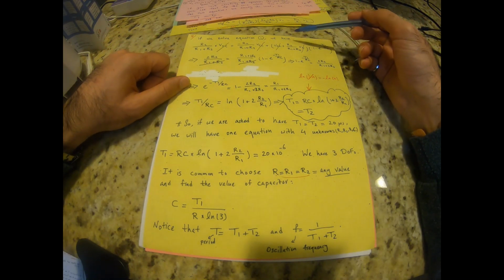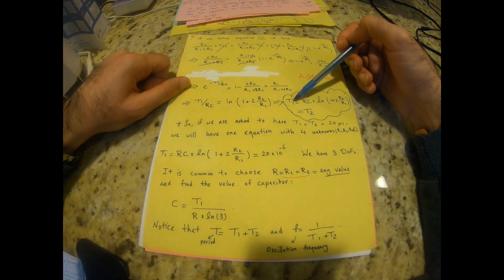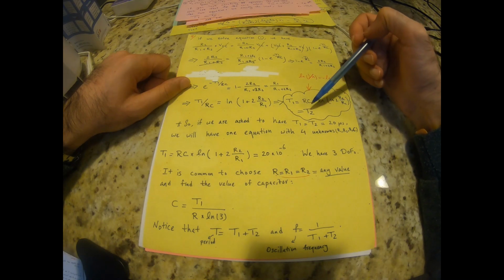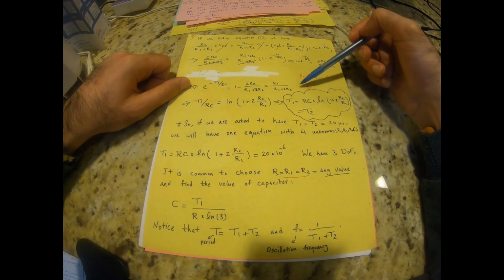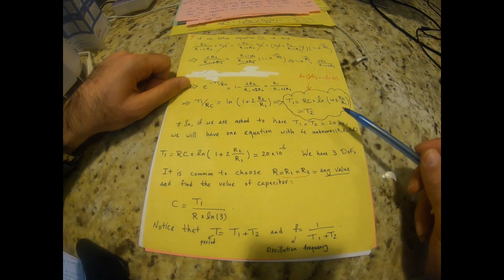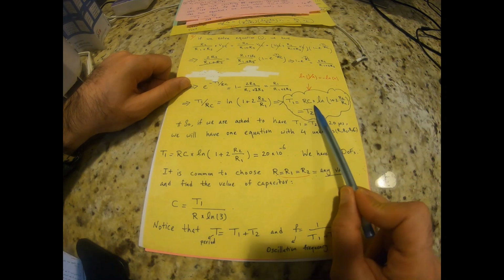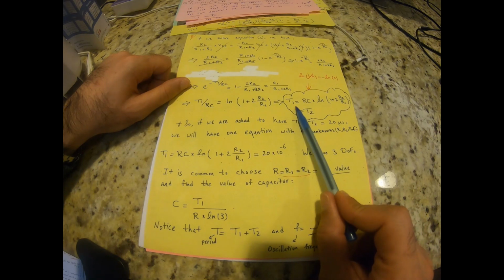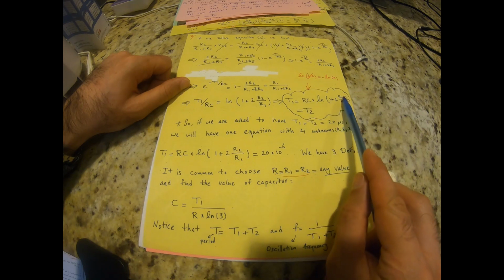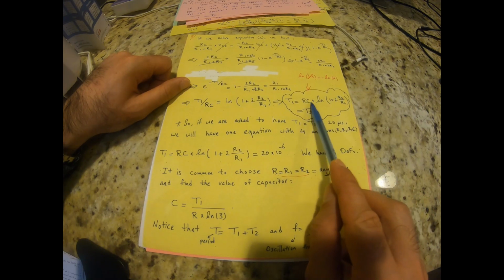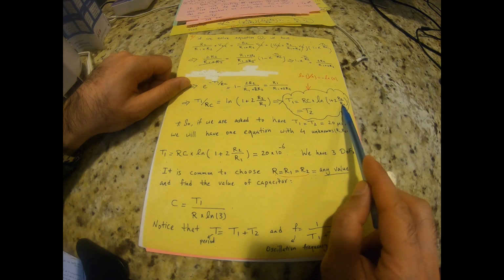And for this case, if you find T1, you can find it like this. We saw that T1 and T2 are the same, so the same value here. You can see that the values of T1 and T2 depend on 4 different parameters: R, C, R2, and R1.